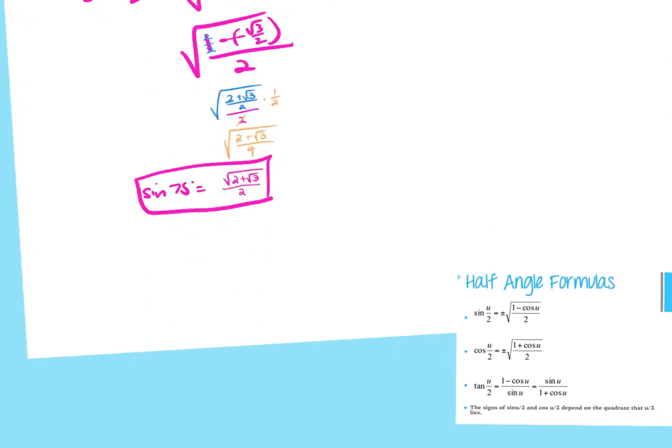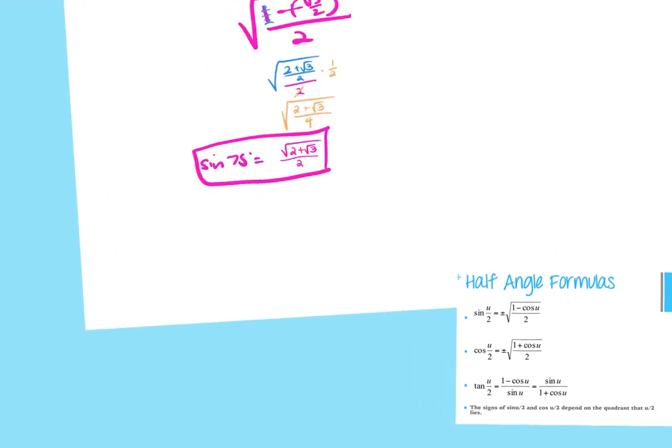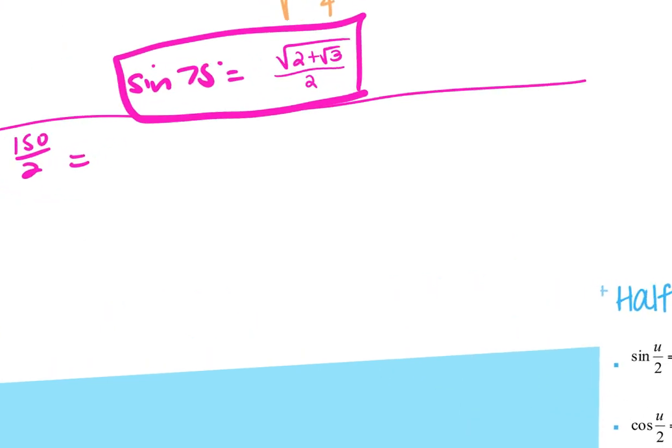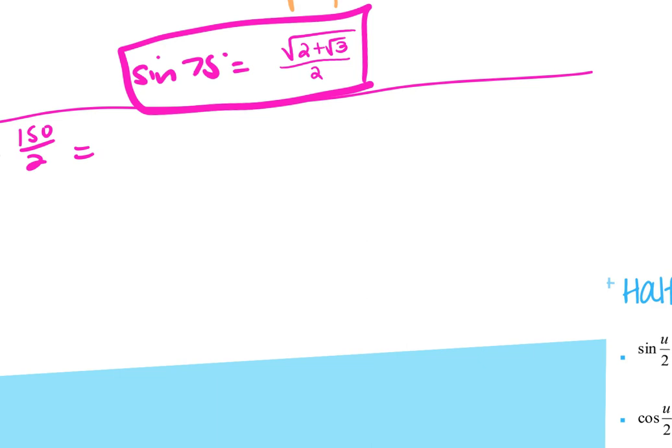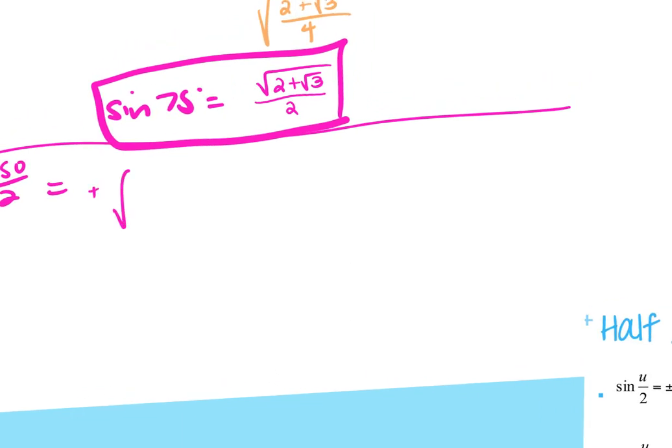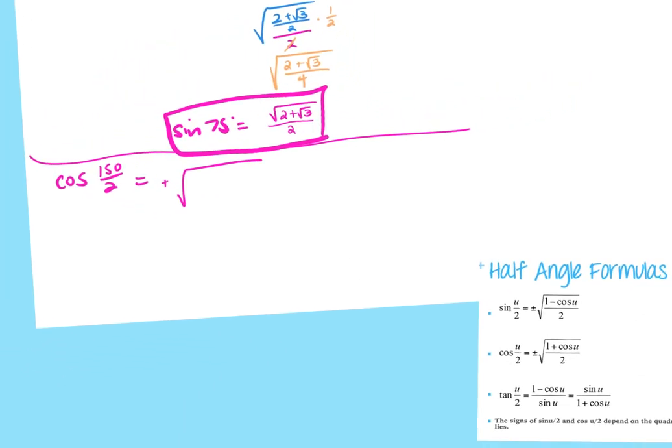All right, now cosine. The only thing that changes is it's 1 plus cosine of u. If I have sine already, all I have to do is flip the sign. But if I go directly into it, I know it's positive because it's cosine and 75 is in the first quadrant.